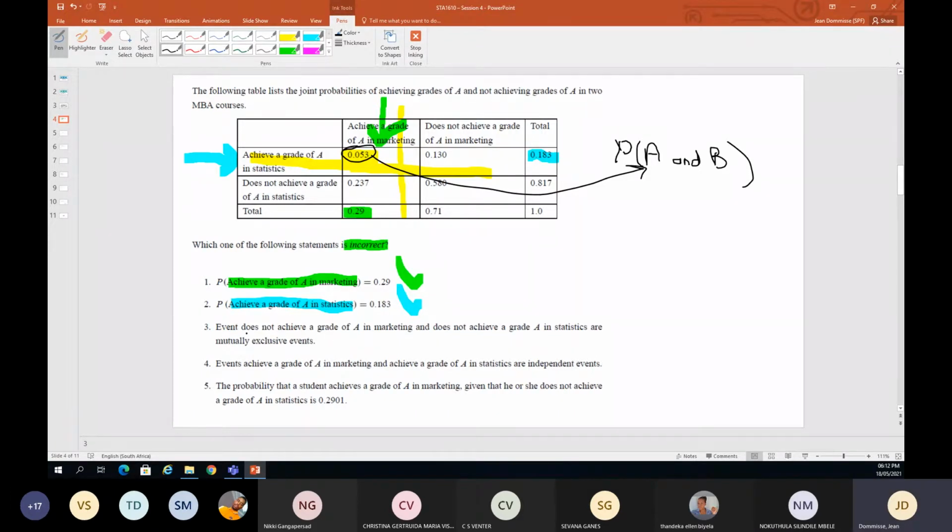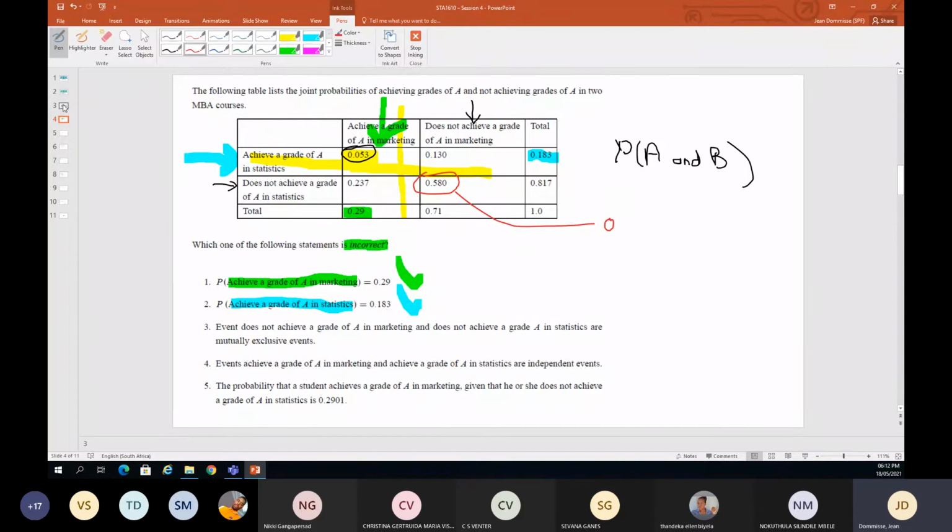Okay, so let's look. Does not achieve a grade of A in marketing. Does not achieve an A in marketing. Does not achieve an A in statistics. So we actually have a percentage there. So if it was mutually exclusive, then that should have been 0.